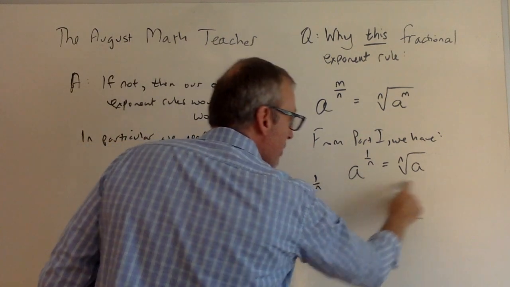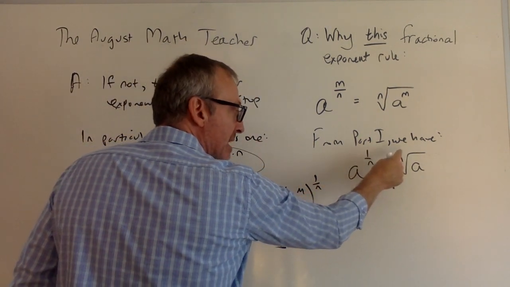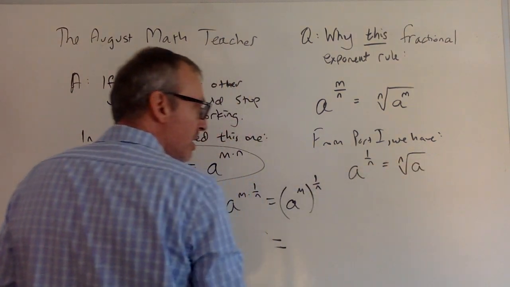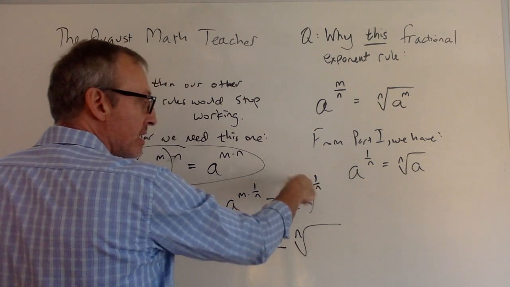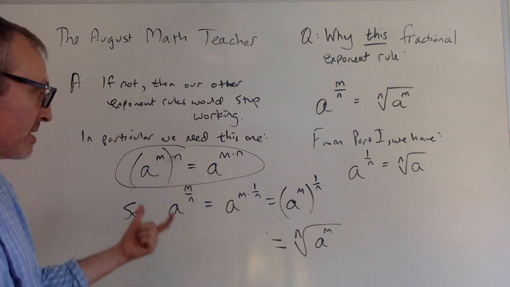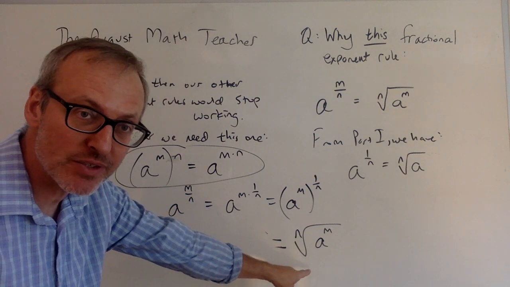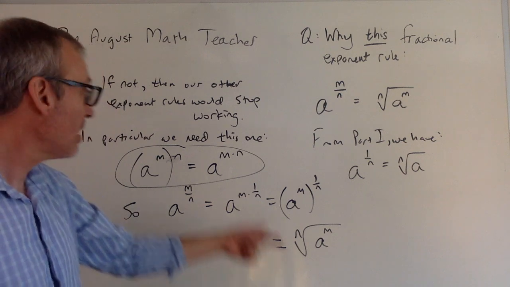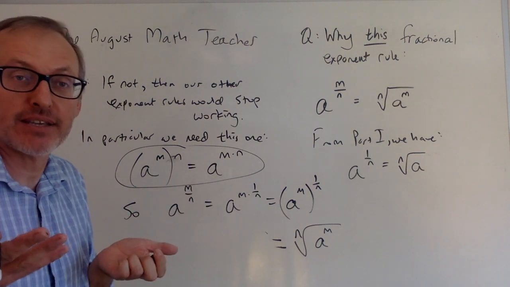We said here that if you have some number and you raise it to the 1 over n, that means the nth root of that number. So here I have the nth root of the thing inside the parentheses, which is a to the m. And so that's the explanation. A to the m over n has got to be defined this way so that our exponent rules keep working. It's just about that consistency.